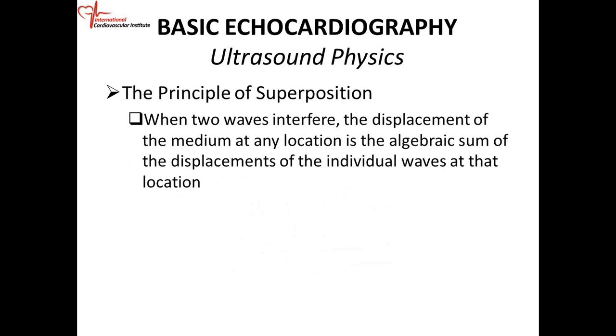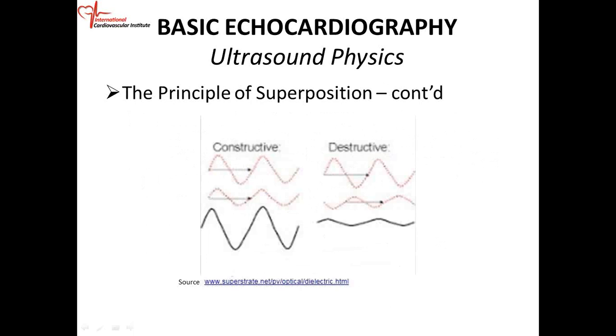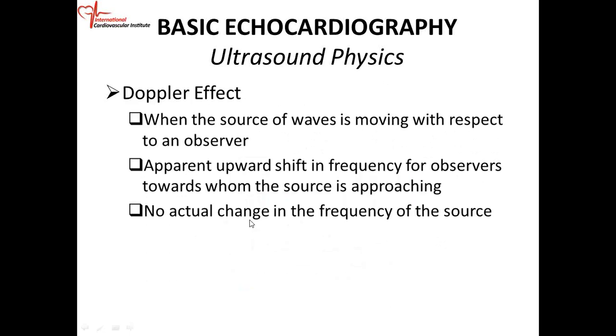Superposition is just when two waves meet each other, and you get an algebraic resultant. If you have this wave meeting this wave, and crest is not meeting trough exactly, you get a constructive interference where the net amplitude is greater than any one, but it's not exactly twice or three times that.